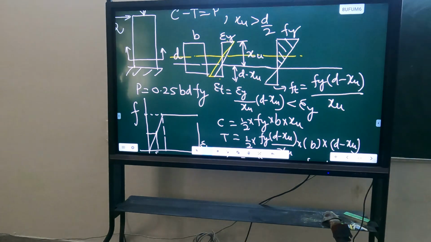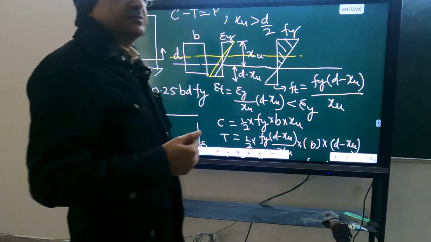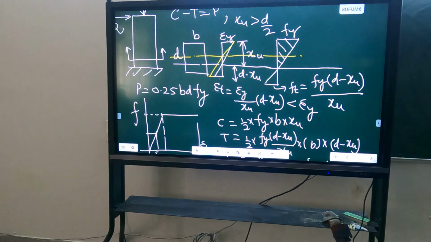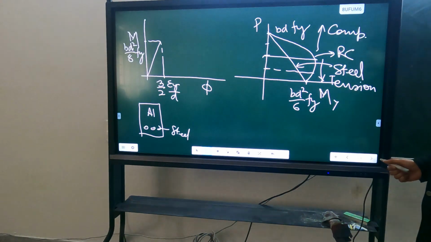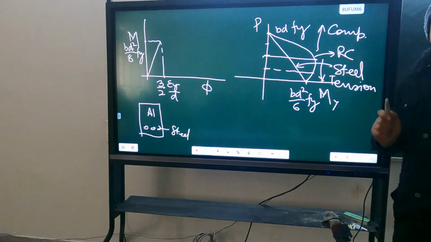Even if you apply a little axial force, the capacity in bending will start reducing. Agreed? That's why the interaction curve in steel and concrete is different.